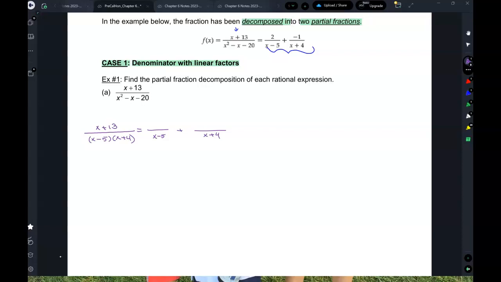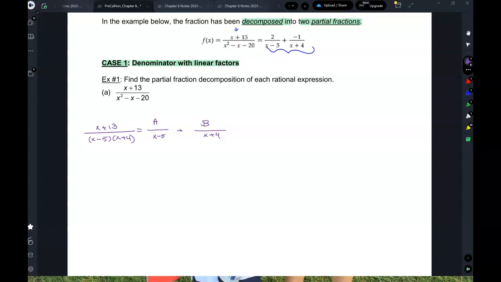Now, the numerators are going to have one degree less than the denominator. If the denominator is a linear function, then the numerator is going to have x to the power of 0, so it's going to be a constant. For now, we're going to put placeholders for those constants, usually capital A, capital B, and if there were more, it would be C, D, E, F, G.